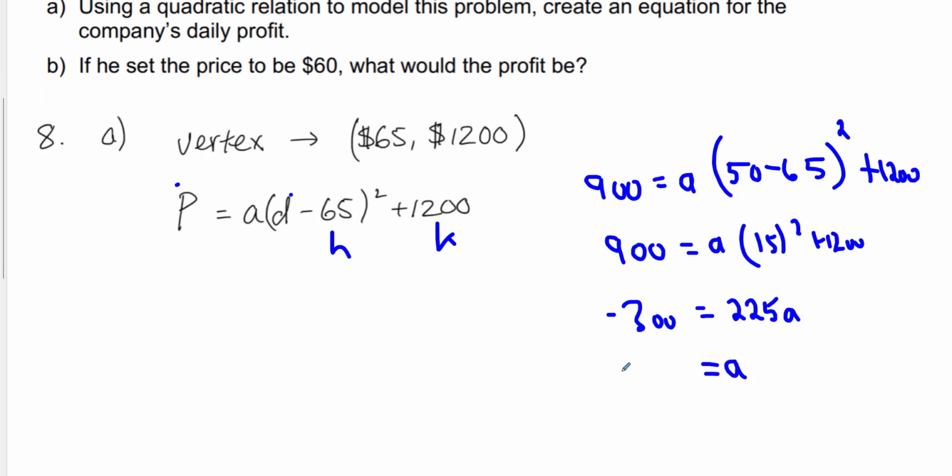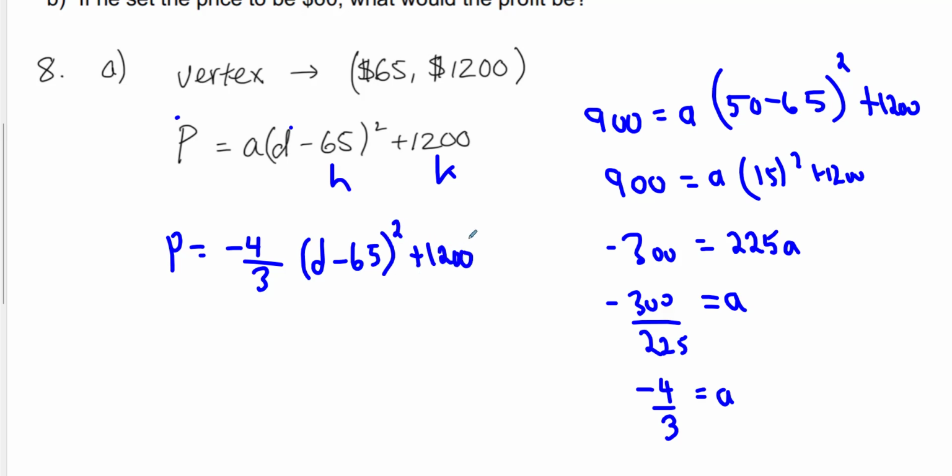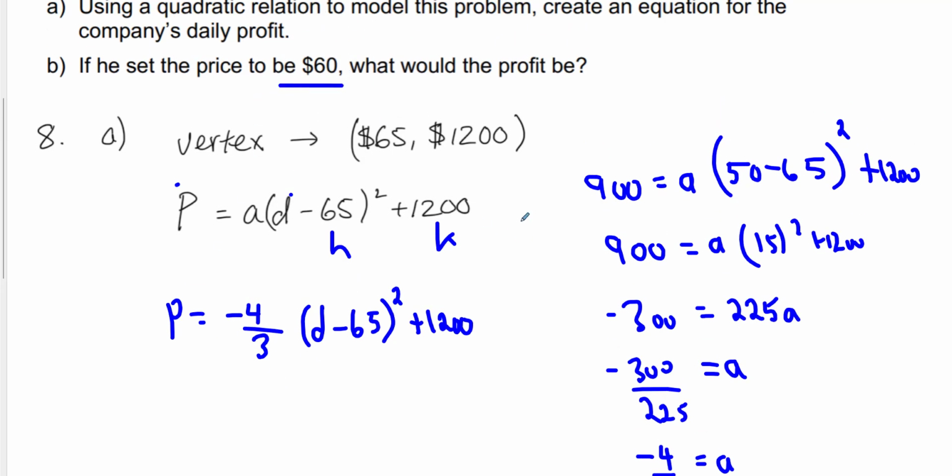A is equal to minus 300 over 225. And that is equal to what?